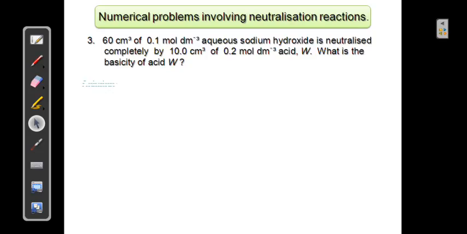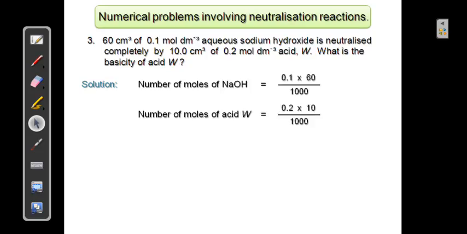So number of moles of NaOH is 0.1 times 60 divided by 1000, right? That is very clear. So the number of moles of acid W is 0.2 times 10 over 1000.